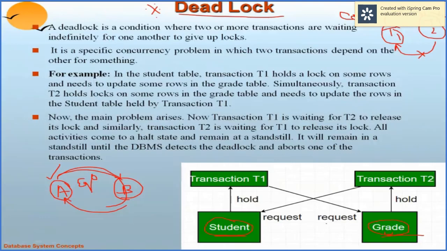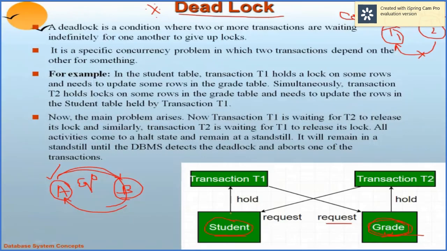Why is it sending a request? Because the grade sheet is already locked by one more transaction, T2. You see the activity of T2 over here. On one hand, it is locking the data item grade, and on the other hand, it is sending a request for the student.